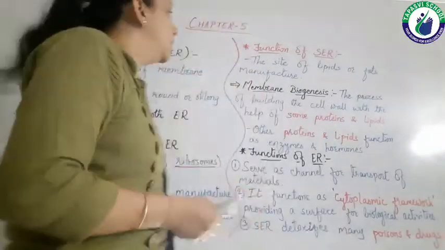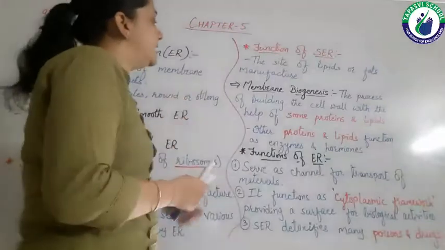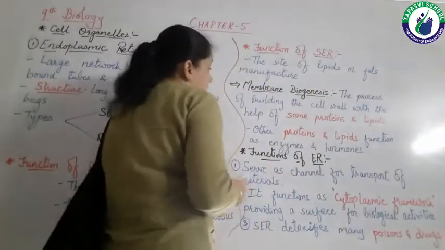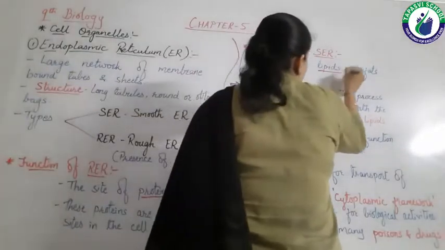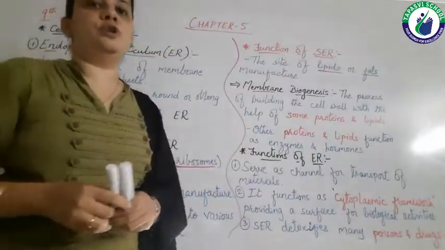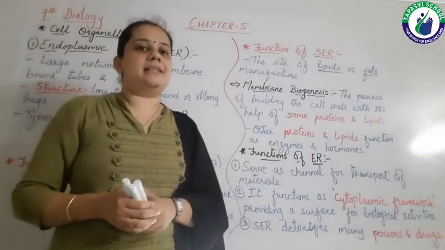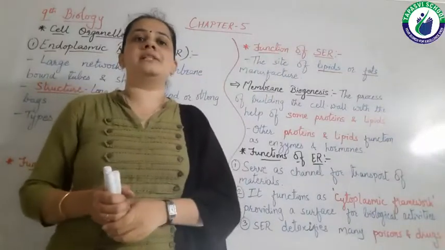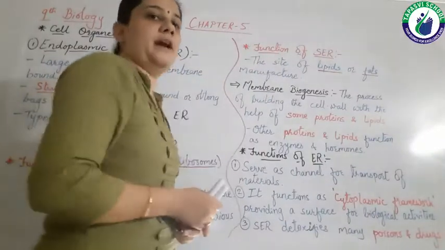Let's see. Function of SER: the site of lipid or fat manufacture. As rough endoplasmic reticulum manufactures proteins, smooth endoplasmic reticulum produces lipids or fats.